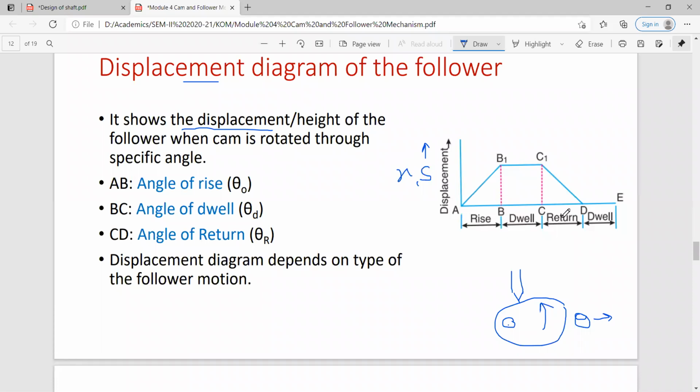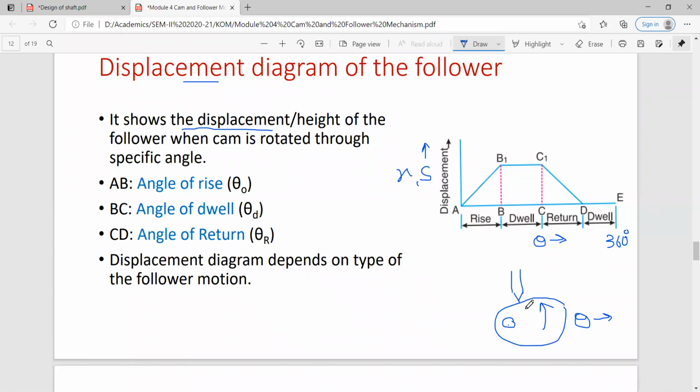And on the x-axis, what do you have? You have the cam rotation angle, that is theta. The maximum value of theta will be 360 degrees for one revolution of the cam.